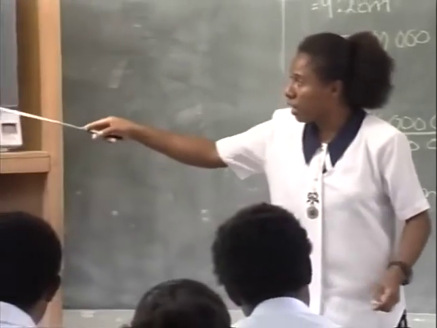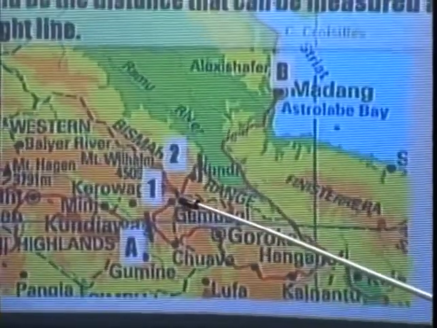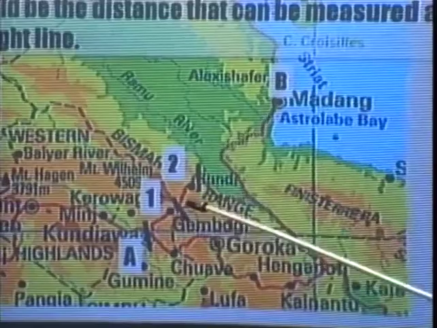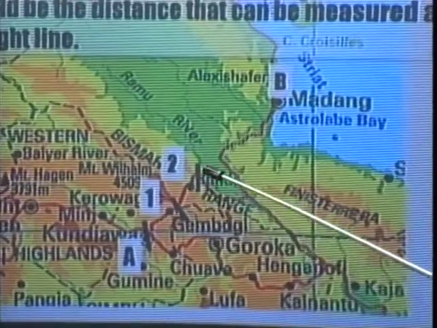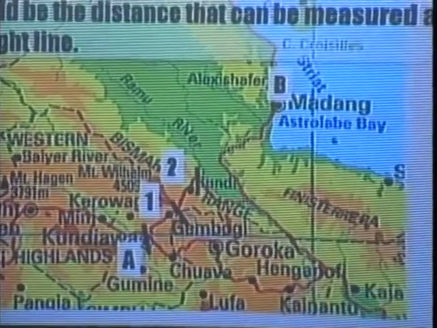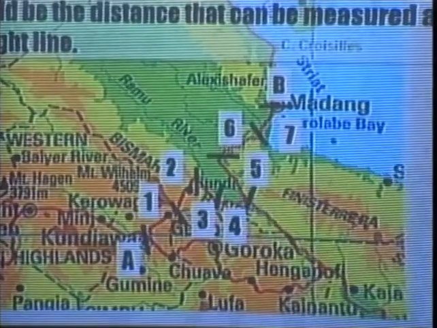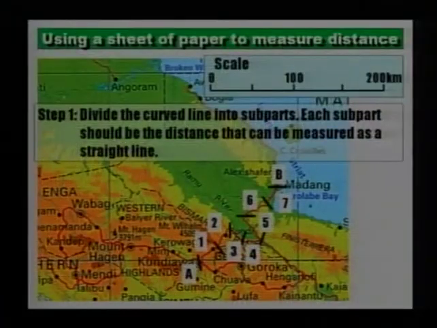Okay, so if we continue here, you see the example given, there's one subpart, there's a second one being put, a straight line distance that can be actually found between those 2 points. And you continue on until you go all the way from A, which is this point here, to Medang.